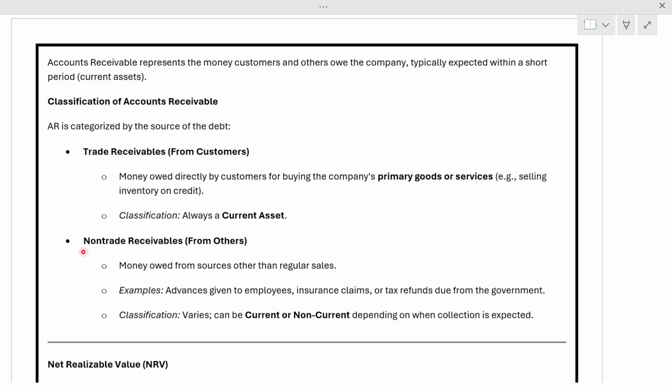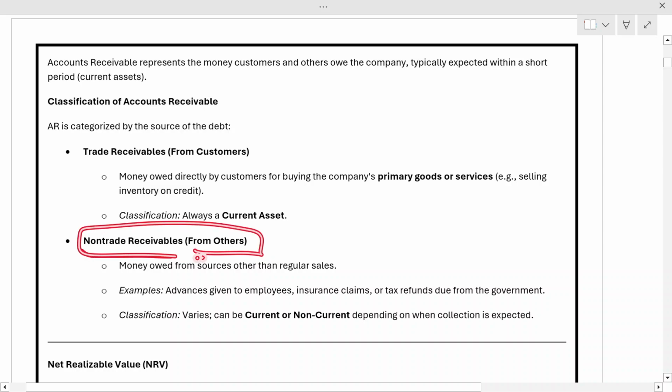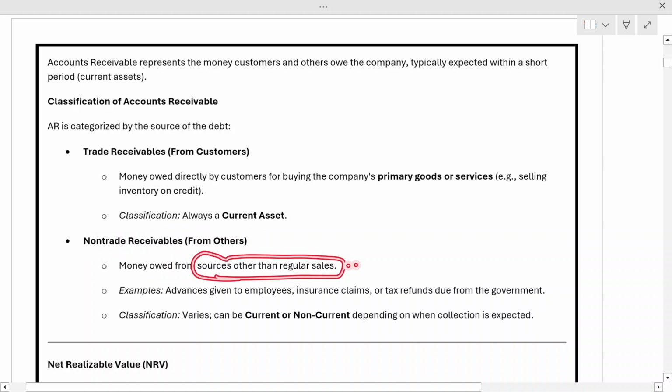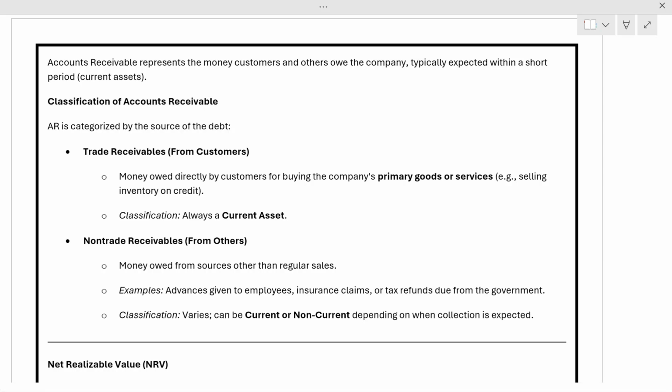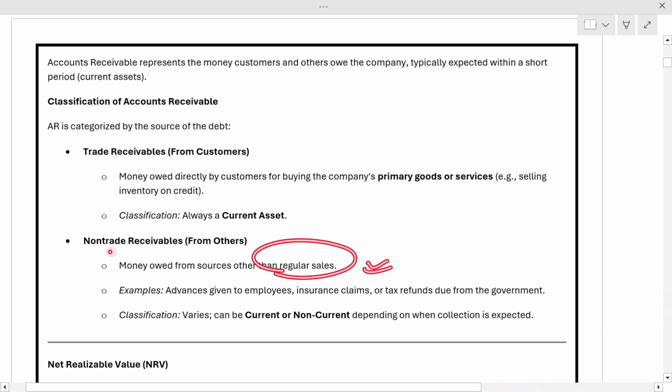Now the non-trade receivables are from others, which is money owed from other than regular sales. So if Starbucks sold one of its machines, it's not the job of Starbucks to sell machines, right? But if they are selling the machines on an irregular basis, then that becomes a non-trade receivable.